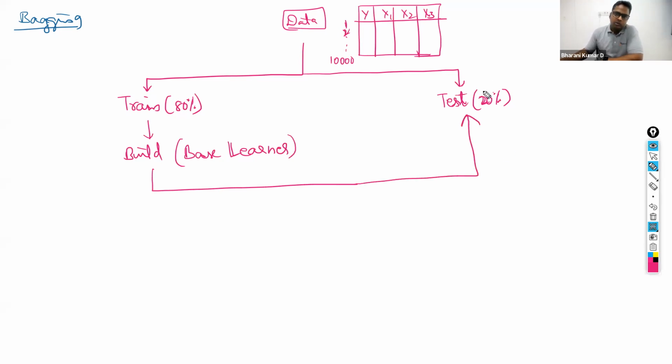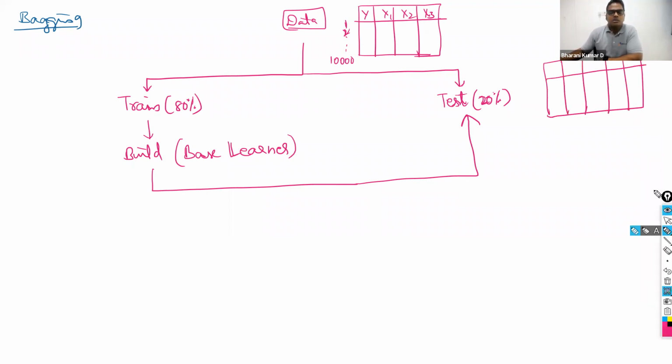When you test it on the test data, there are multiple ways of combining the results. One is, do you want to combine the results of overall accuracy, or say 20% of 10,000 will be how many observations? 2,000 observations. Say observation number one, output is, will a person default or not?